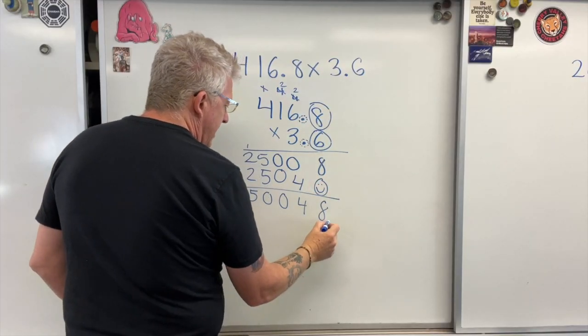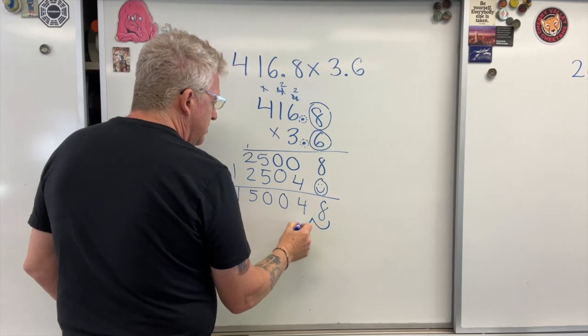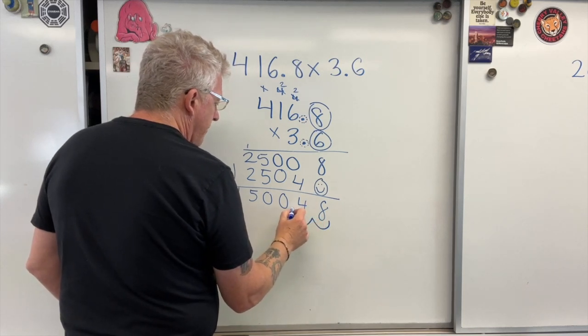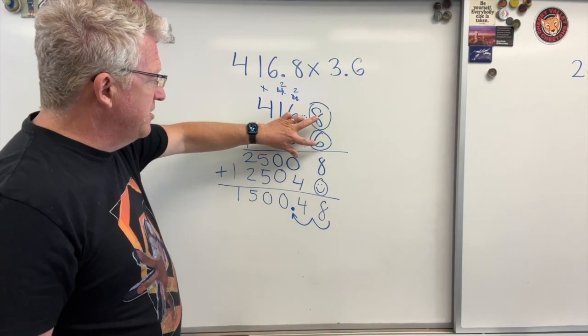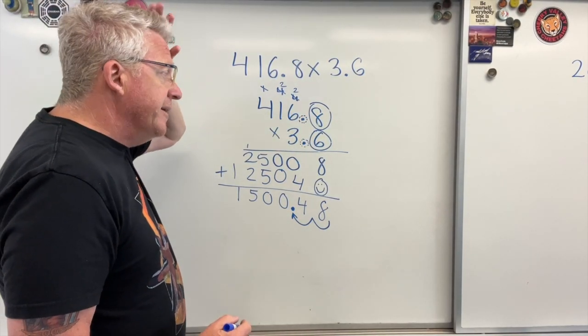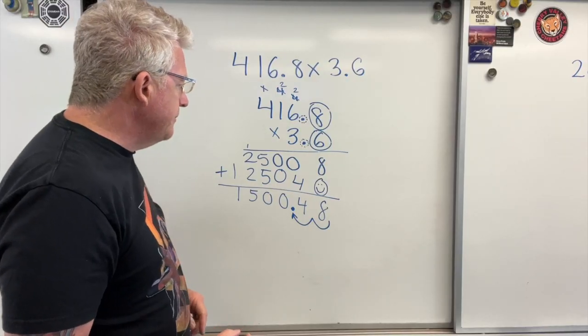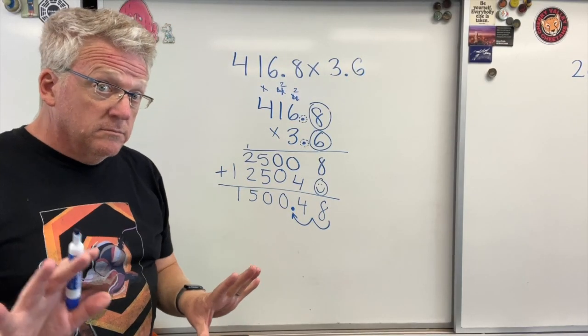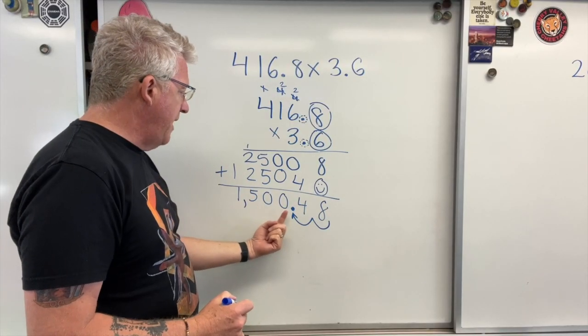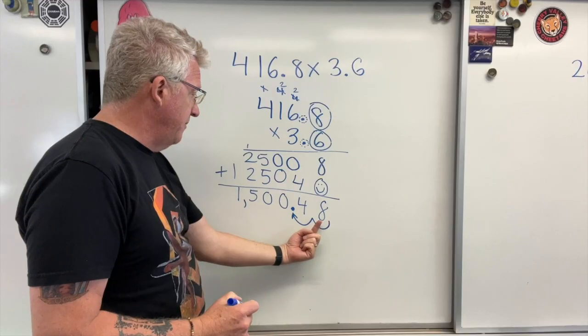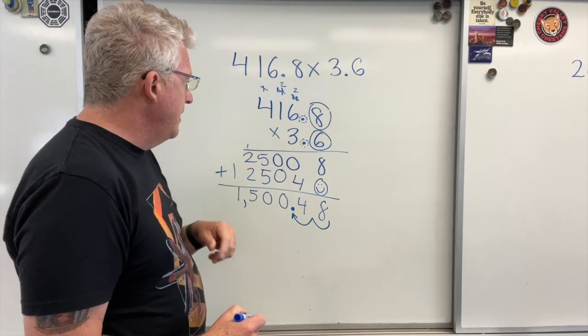So I start at the end and I count 1, 2 spots over is where our decimal point sits, because I had 2 digits to the right of my decimal point. Okay? So your answer should be 1,548 hundredths. All right? So that's good.